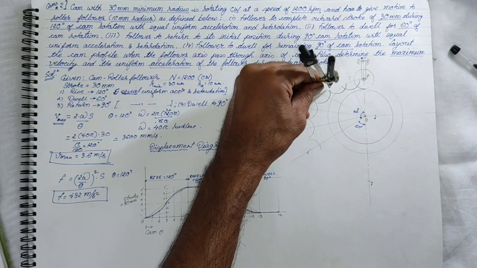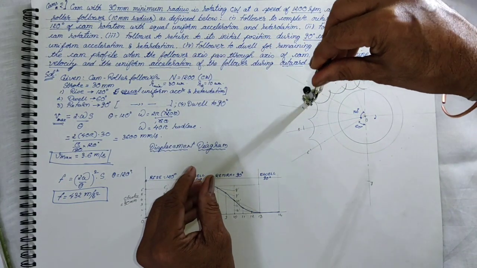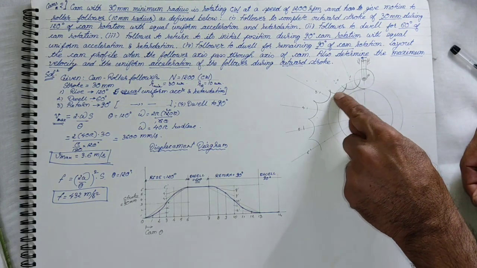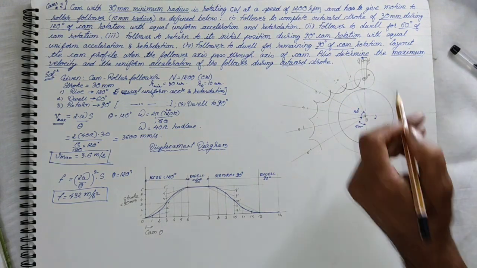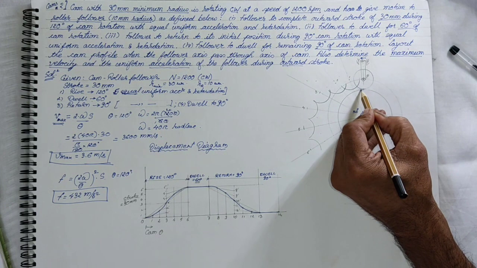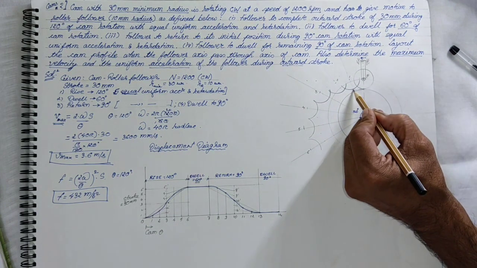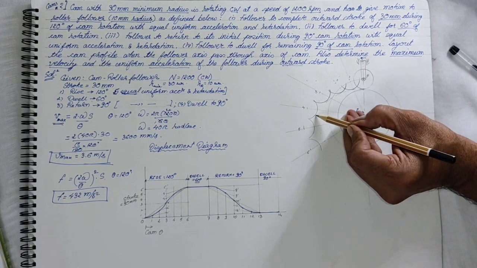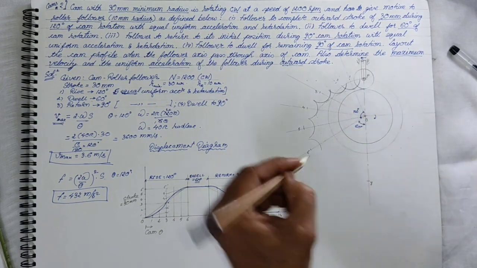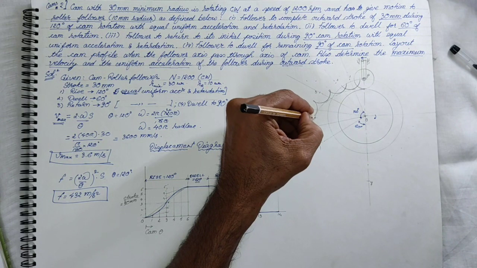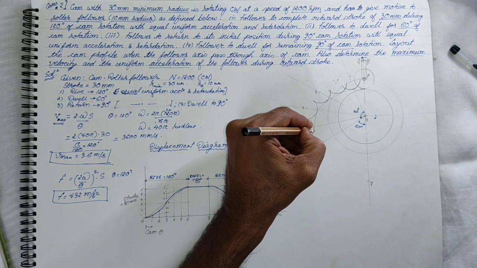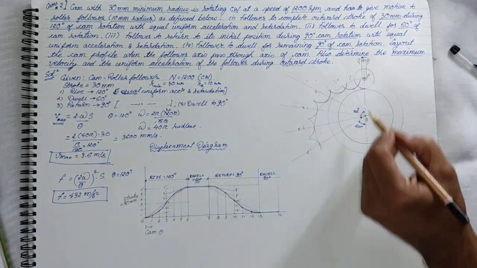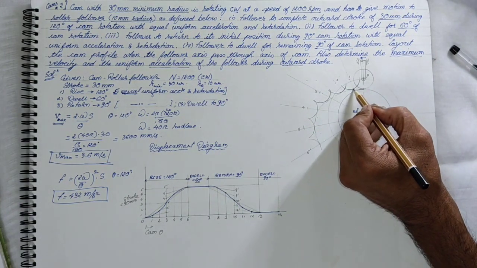It will be comfortable if we, so you can see, the cam profile will be a common tangent to all these roller conditions. So when we try to get a common tangent curve, you see that as if this is the cam profile, right?